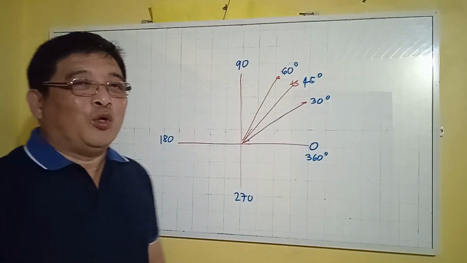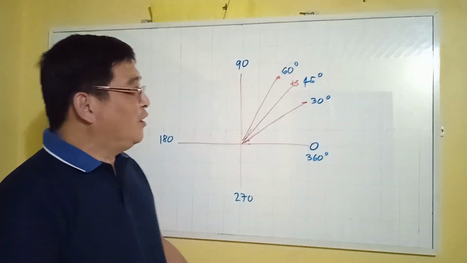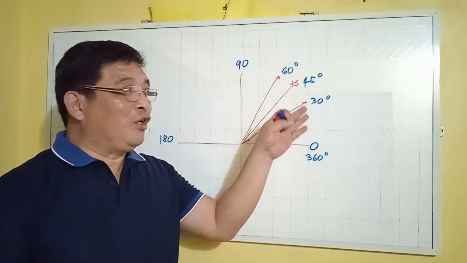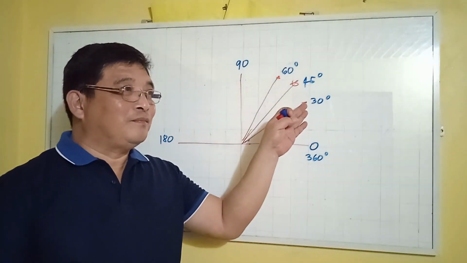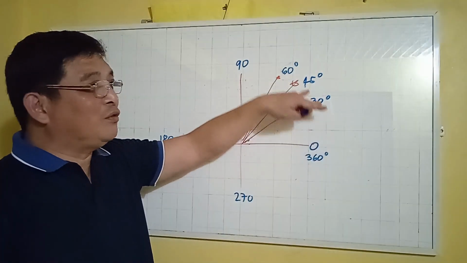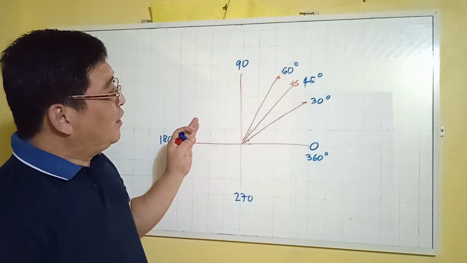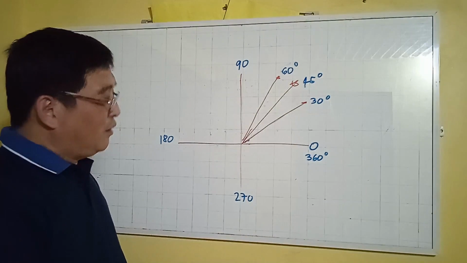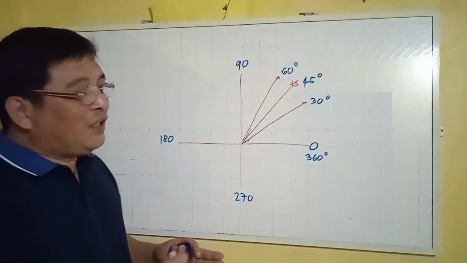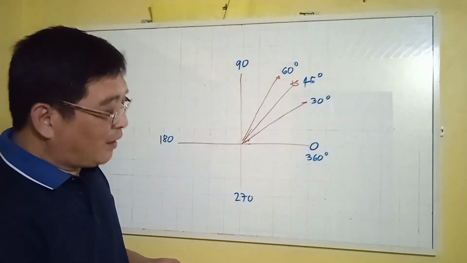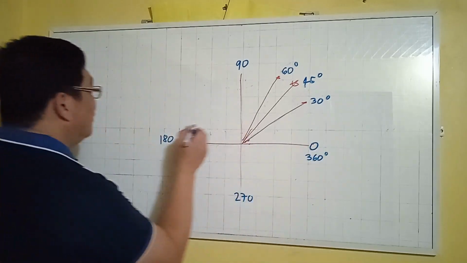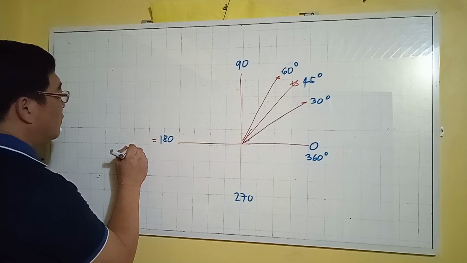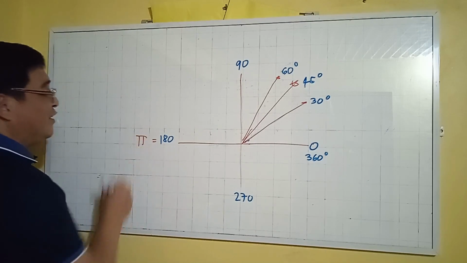So, ano ba yung formula para hanapin natin yung radian nito? Yung equivalent radian or pi radian nitong mga angle in unit of degrees. So, initially, alam naman natin kanina na yung 1 pi is equals to 180 degrees.